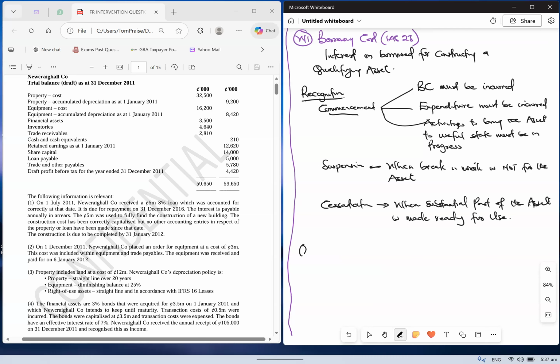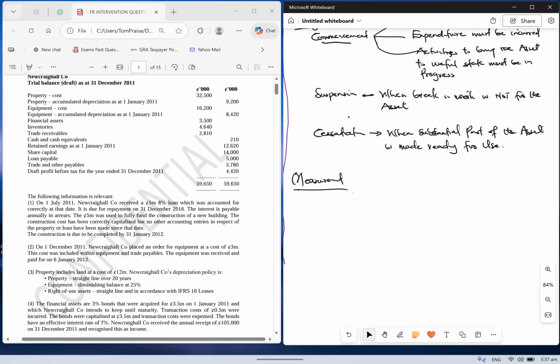Now, the next area is measurement, because how do you measure borrowing cost? This is the formula: the interest rate multiplied by the borrowed funds, minus investment returns from using the borrowed funds.